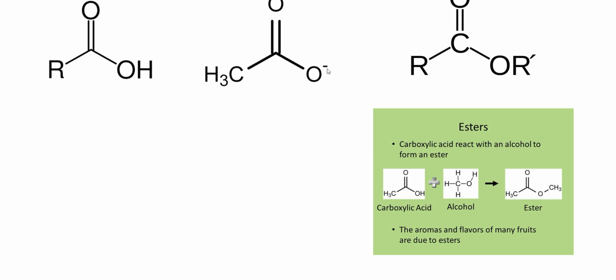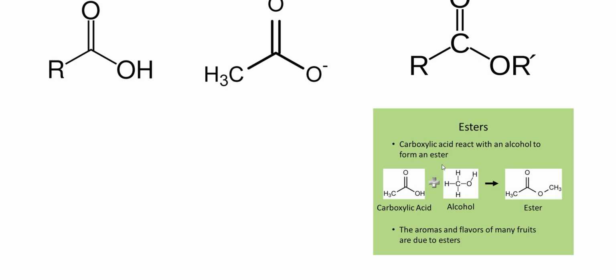If on one side, instead of having the hydrogen characteristic of the acids, you have a carbonyl group, then this is an ester. For example, here you have the reaction between a carboxylic acid and an alcohol to produce an ester.